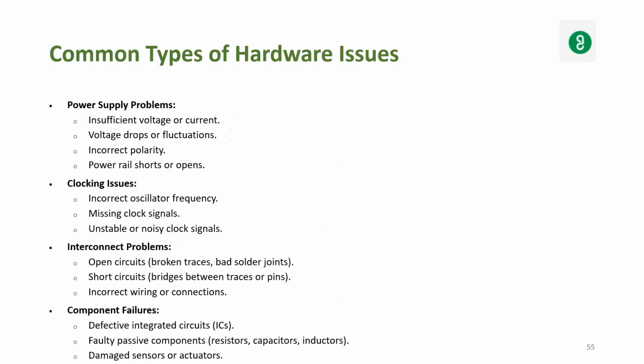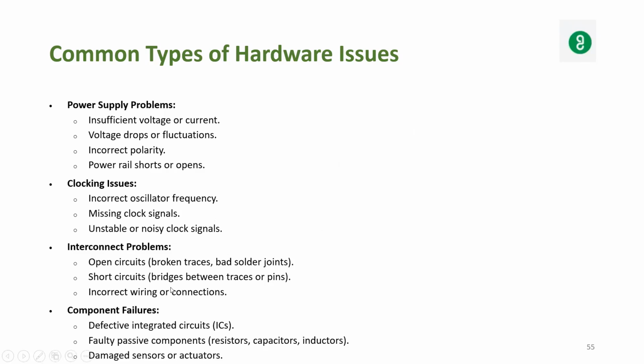The common types of hardware issues are, first, power supply problems: insufficient voltage or current, voltage drops or fluctuations, incorrect polarity, power rail shorts or opens. Clocking issues: incorrect oscillator frequency, missing clock signals, unstable or noisy clock signals.